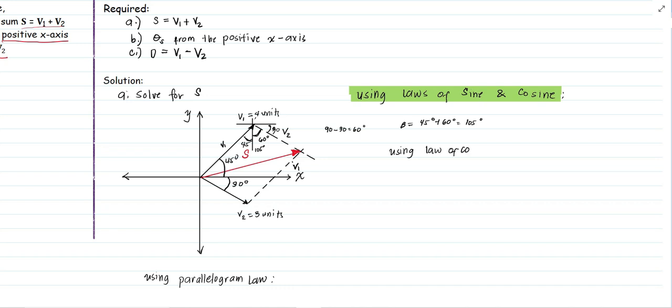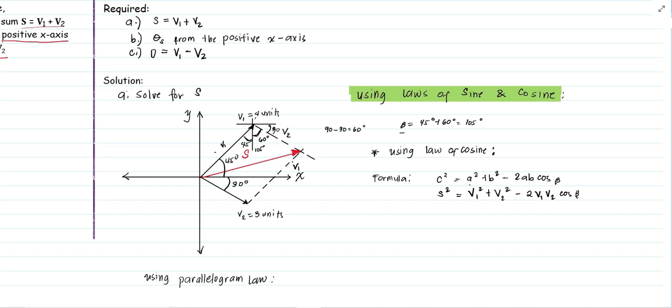Using the law of cosine, we know that the formula is c squared equals a squared plus b squared minus 2ab cosine beta. Substituting our variable assignment in our problem, the equation becomes s squared equals v1 squared plus v2 squared minus 2 times v sub 1 times v sub 2 times cosine beta.